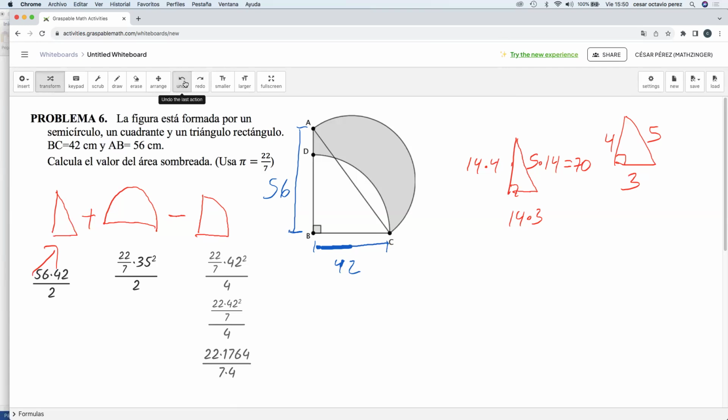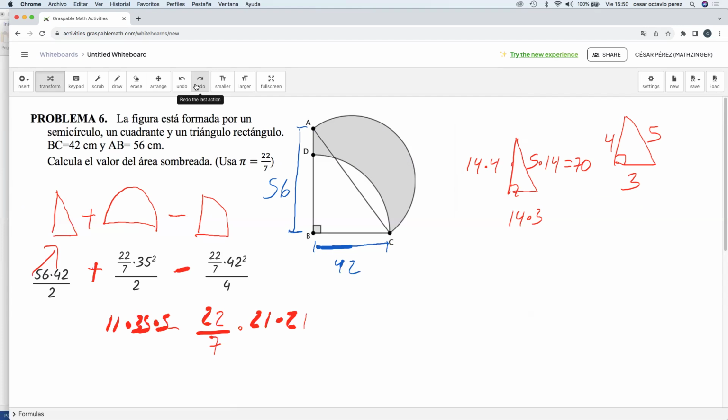Okay, let's see. Quiero hacer esto. This will be, we're going to divide this. Okay, this is 22 divided by 7 times 21 squared, and that's all. Here we can have 11 times 35 times 5. Yes? We are going to simplify 1/7 from this. Okay.